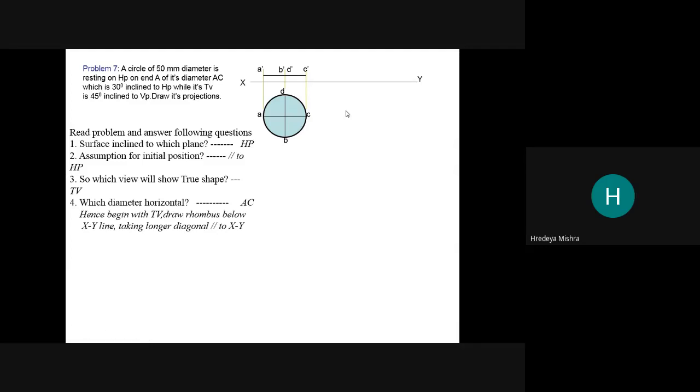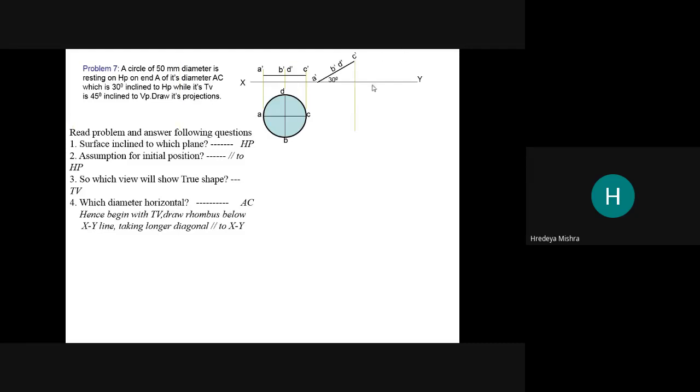Now we show the inclination of the surface. What is it? That is 30 degree.